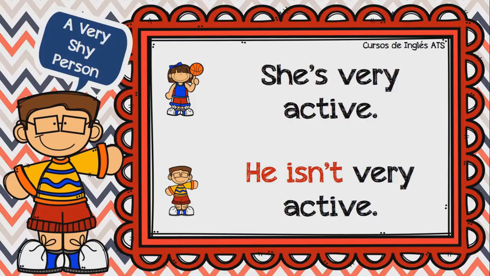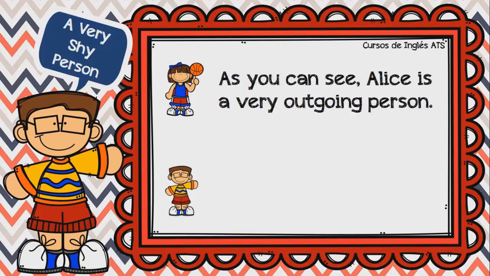Affirmative form, she is. Negative form, he isn't. Good job. As you can see, Alice is a very outgoing person. Okay, use this sentence to describe Sheldon. Esta está bien fácil. Solo tienes que cambiar dos palabras. Go ahead.